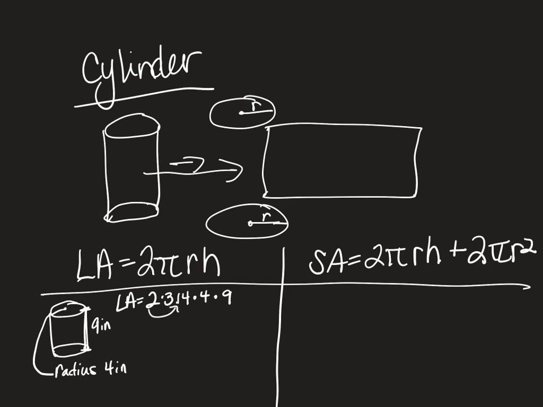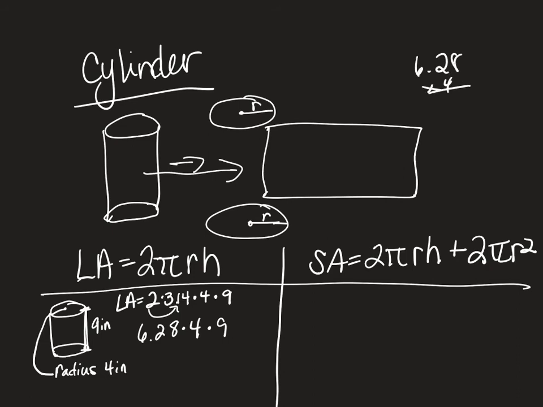So what is 2 times 3.14? 6.28 times 4 times 9. So 6.28 times 4.